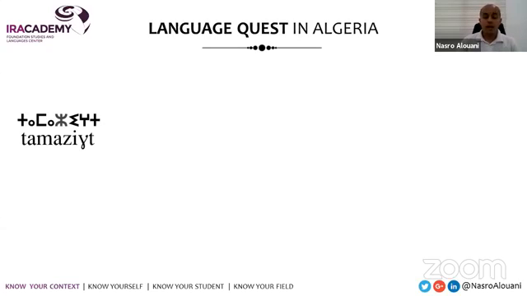So let me start with a small story about myself. I was born a boy in a family that speaks Tamazight, a derivation of Tamazight. So I spoke Tamazight in my early age until I reached 6 years of age.